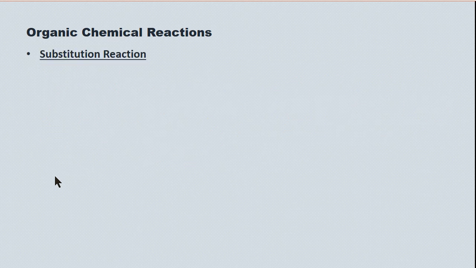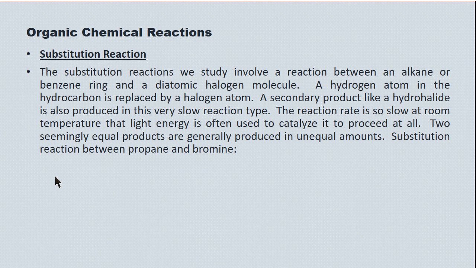Substitution reactions are very much slower than addition reactions. Typically, saturated hydrocarbons, the alkanes, go through substitution reactions. The benzene ring looks like it's unsaturated, but it reacts like it is saturated. Benzene typically goes through a substitution reaction rather than an addition reaction.